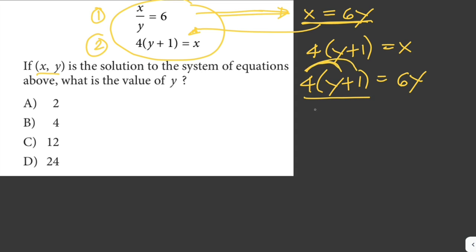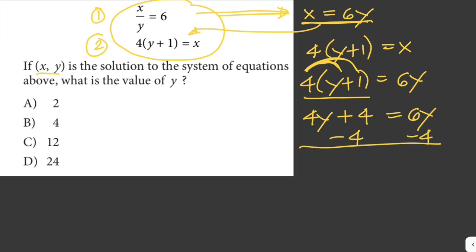So that is 4 times y, 4y. Copy the operator's sign, which is plus. Then 4 times 1, that is 4, equals 6y. And then subtracting 4 from both sides, this cancels out. So we are left with 4y equals 6y minus 4.